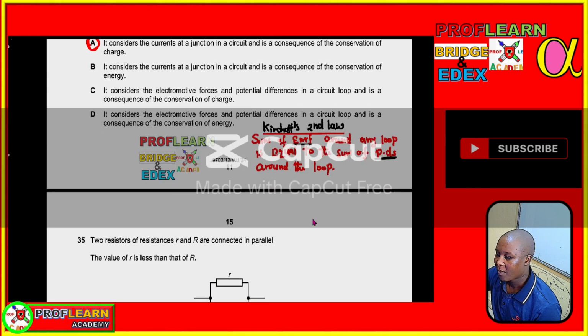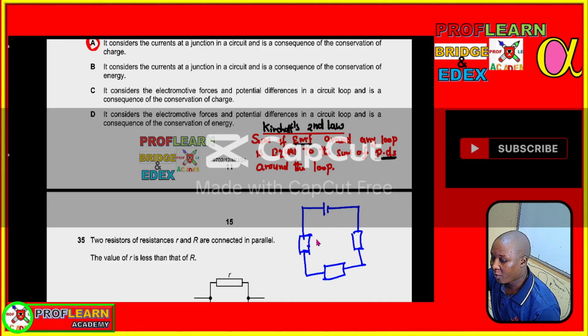So if you have a cell here, and then a resistor here, and another resistor at this given point, and another resistor here, when current flows around this continuous loop, the voltage drops, if added together, must give you the EMF.